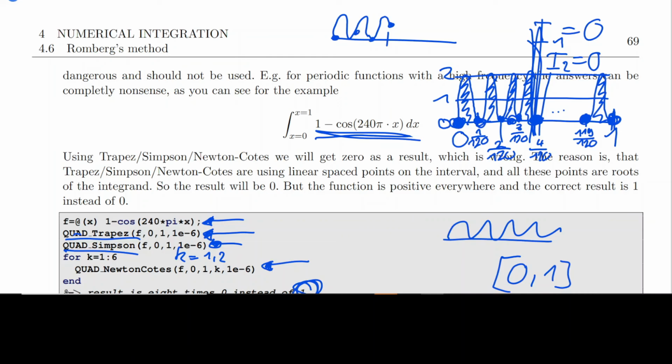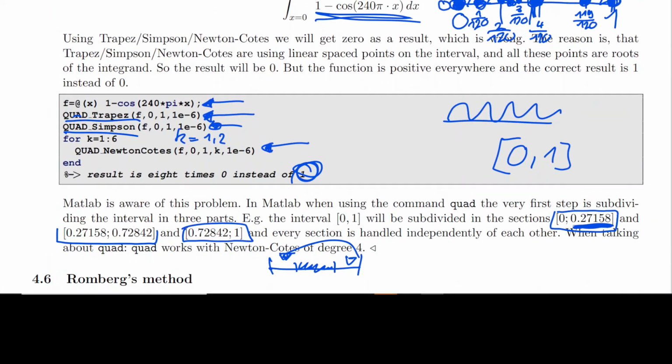Evaluate at these 4 points, then integrate the interpolating polynomial, then split into 2 parts here, and you get some other values and you never get these 0 values. So this is the very, very simple idea of MATLAB, and this idea is used to avoid the situation we had above. It's no guarantee.